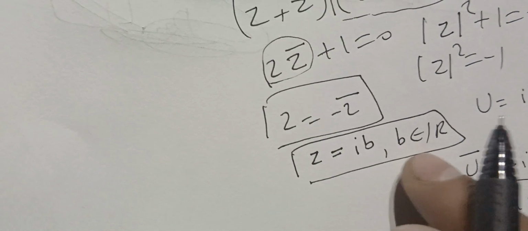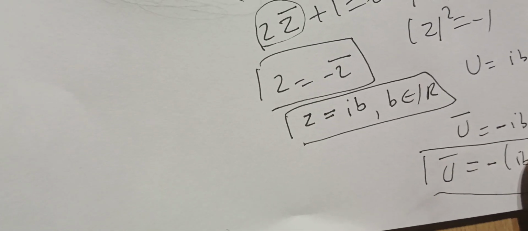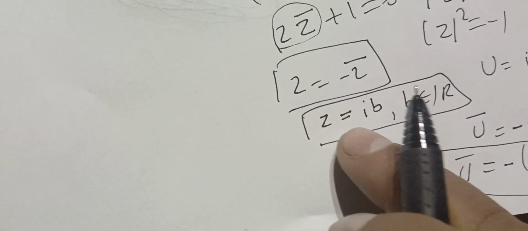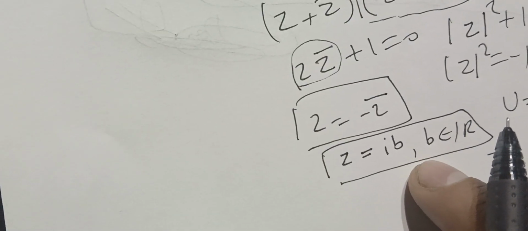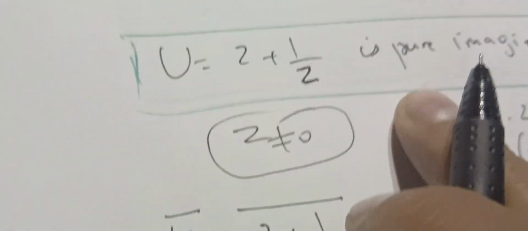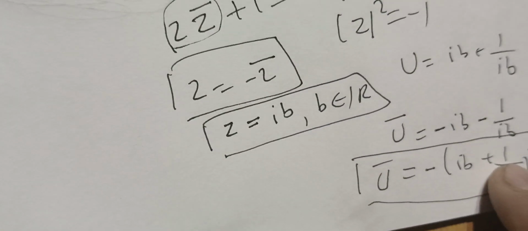This is just a verification. We have already found the solution for this problem: z is ib. To make this number pure imaginary, z has to be pure imaginary. We found the solution and we checked that it's the right one.